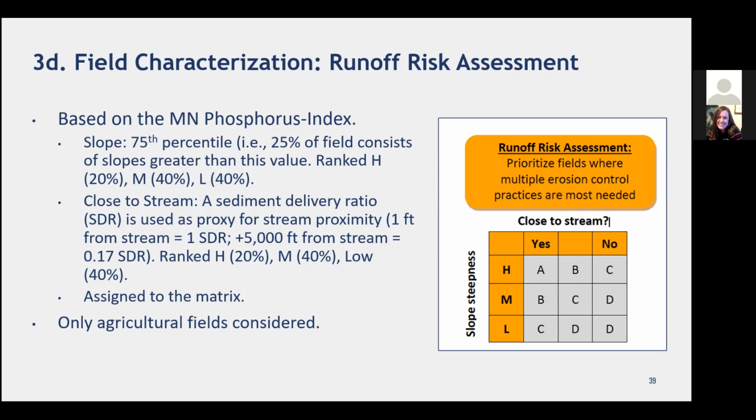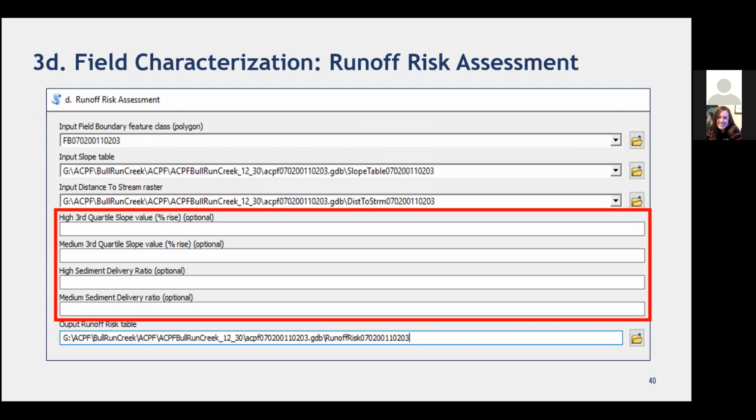Essentially, the user is given two options for each of the input variables. The user can provide thresholds for classification of slope and the sediment delivery ratios into high, medium, or low classification. So you would give those values that are the breakpoints for high and medium as shown in the red box.